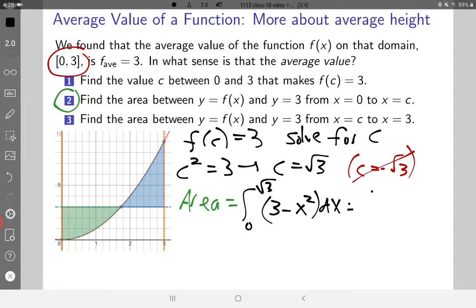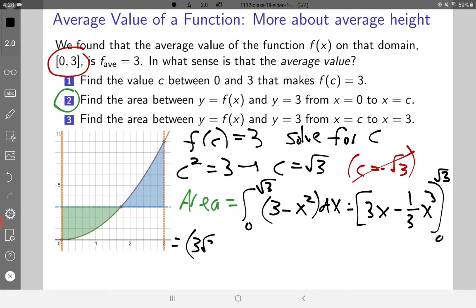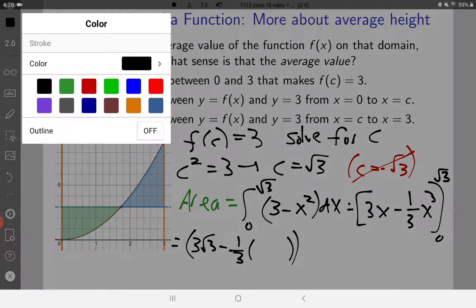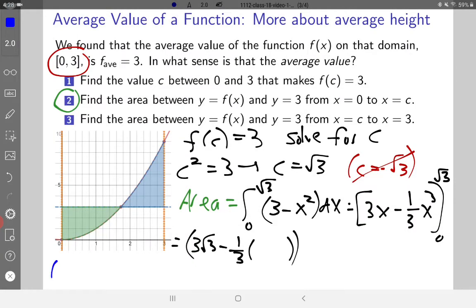So let's see. The antiderivative is 3x minus 1/3 of x cubed. I'm going to go from 0 to root 3. When I plug in root 3 at the top, I get 3 root 3 minus 1/3 of, now over here, let's figure out what root 3 cubed would be.